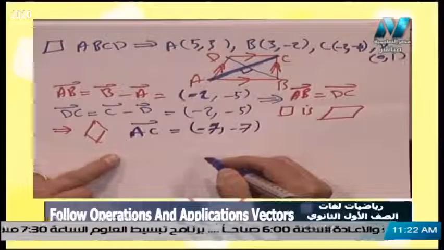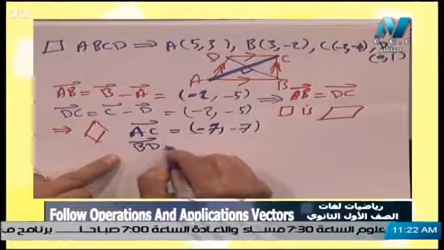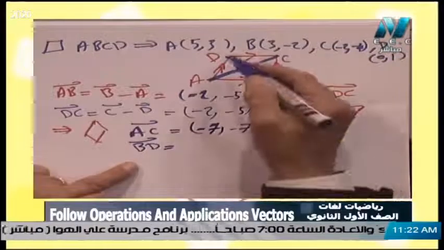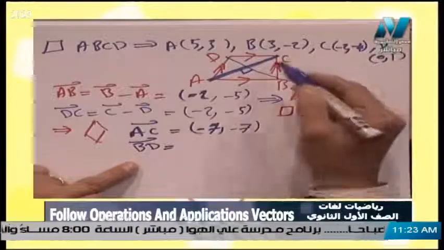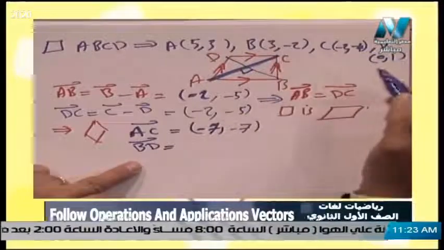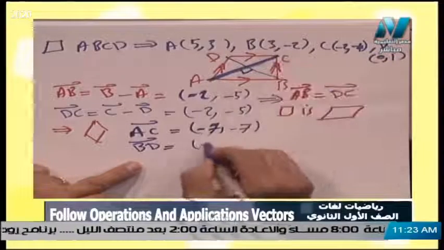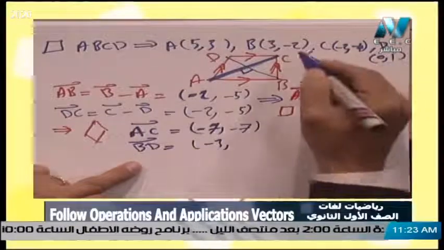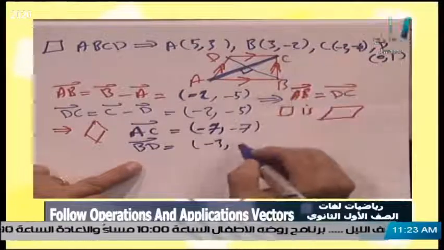And we will find also the vector BD, which is D minus B: 0 minus 3 equals negative 3, and 1 minus negative 2 equals 3.